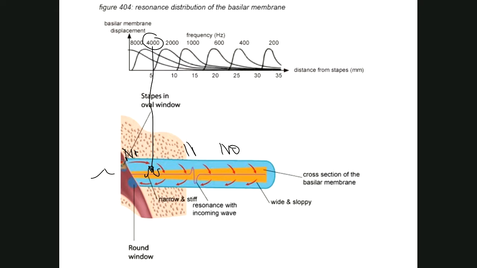It would just be here. And if it were a different sound, if it were this pitch sound, only that part of the membrane would vibrate. If it were this one, only this part of the membrane would vibrate. Is that making sense to everyone?